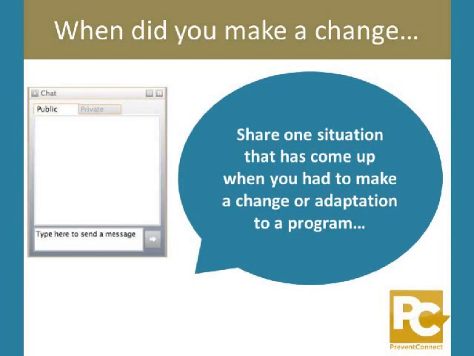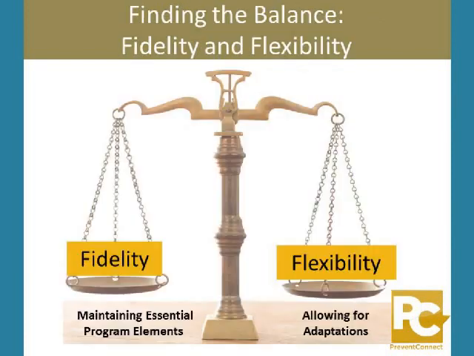Because of this idea, and this is a good segue to thinking about what has been called fidelity, and in many contexts that's been defined as implementing a program as intended, and that's often been interpreted as exactly as it was originally implemented, meaning all of the activities really mirror that original implementation.